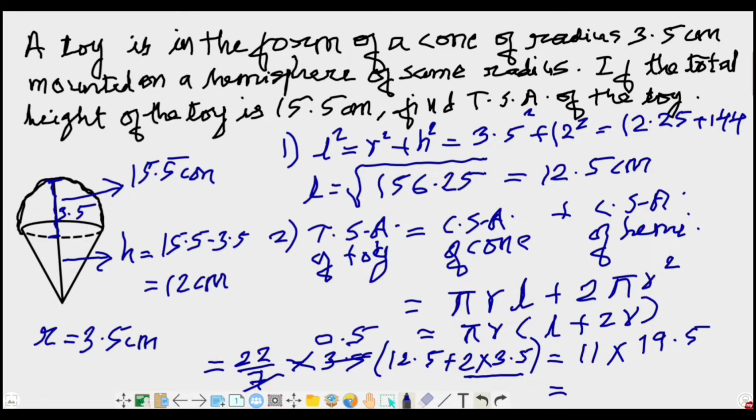Now just multiply this. 11 into 19.5 is 214.5 square centimeter.